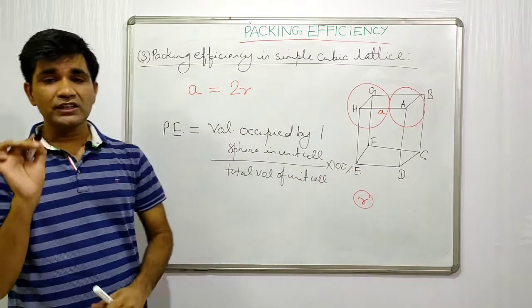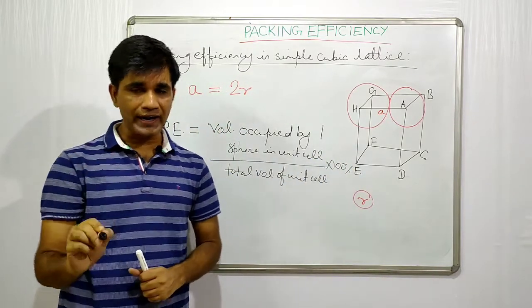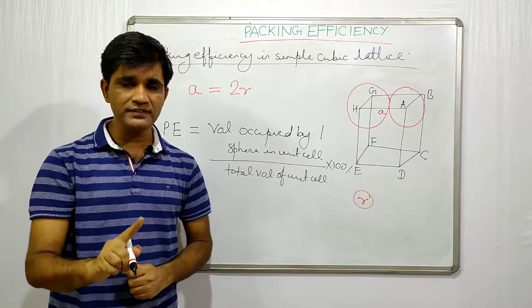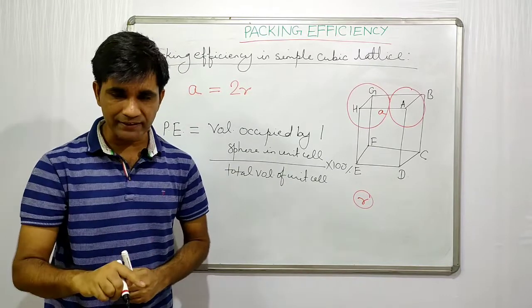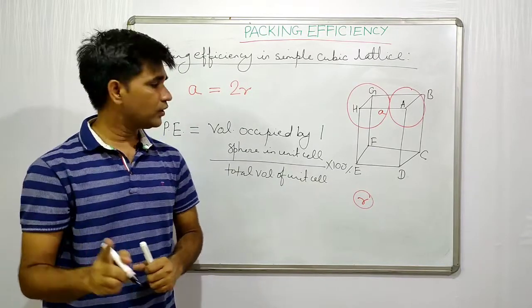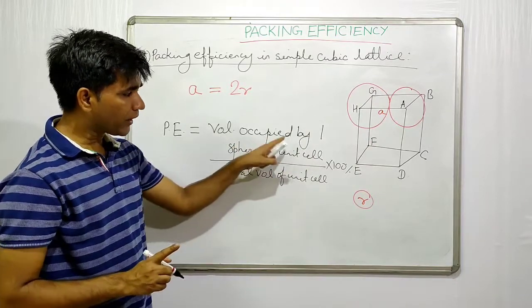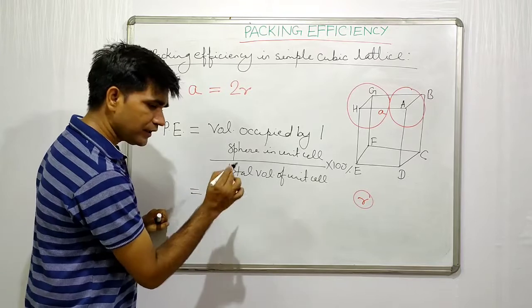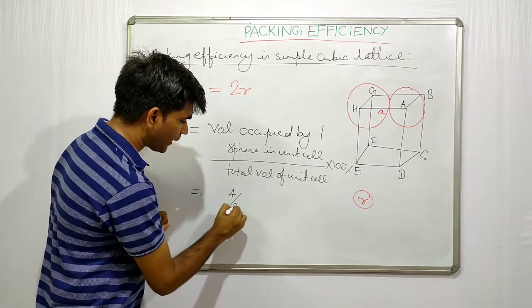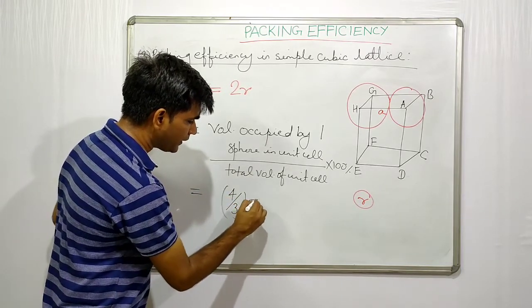As we know, the constituent particles or atoms in primitive unit cell or simple cubic lattice is equal to 1. So we have used here 1. So volume occupied by one sphere in the unit cell is equal to 4 by 3 pi r cube.